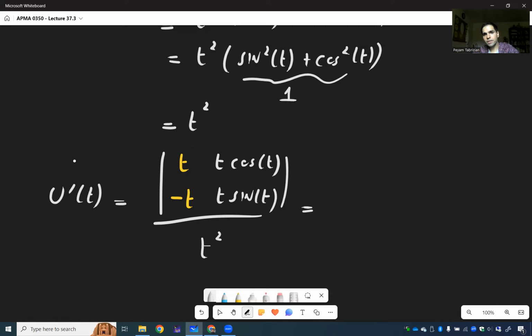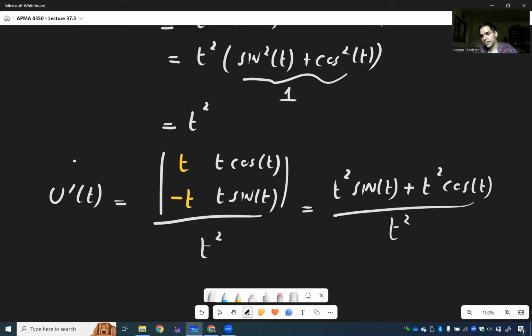In this case, it becomes t squared sine of t, so not sine squared, just sine of t, plus t squared cosine t over t squared. And so in the end, this just becomes sine of t plus cosine t.